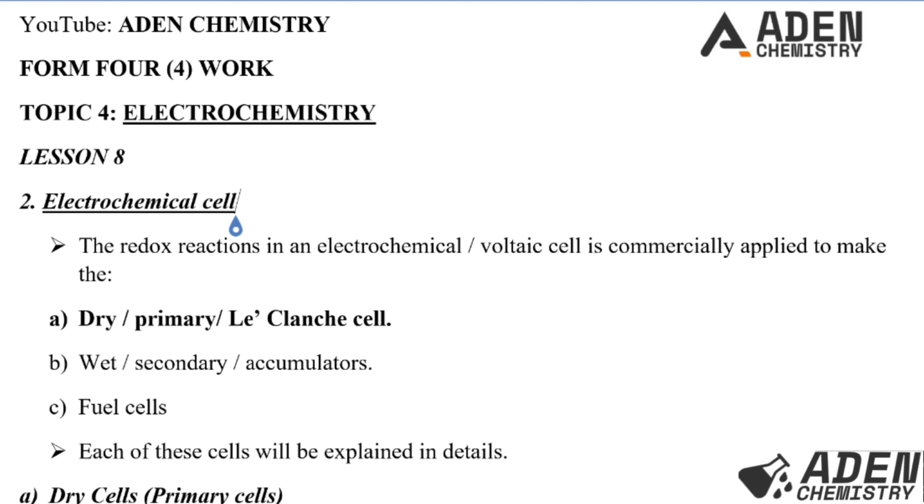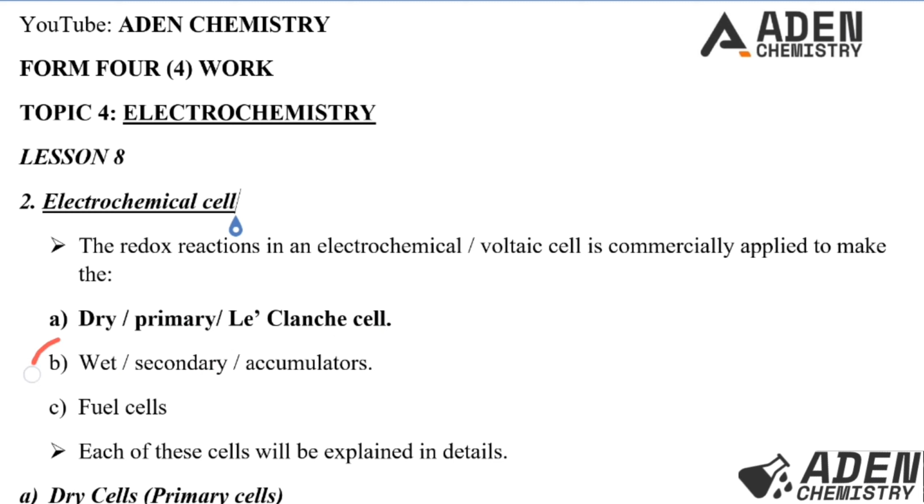We're saying the redox reactions in an electrochemical cell, voltaic cell or galvanic cell, are commercially applied to make the following. Part A, to make dry cells, which are also known as primary cells. A good example of a dry cell or primary cell is the Leclanché cell.